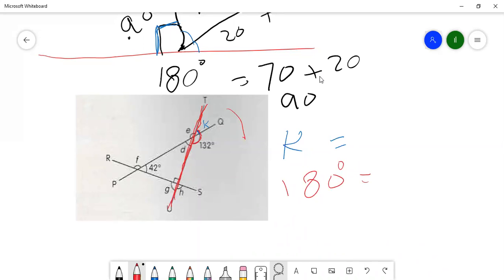So the supplementary angles on this straight line are 132 plus K. We have to find the value of K to make 132 plus K equal 180.